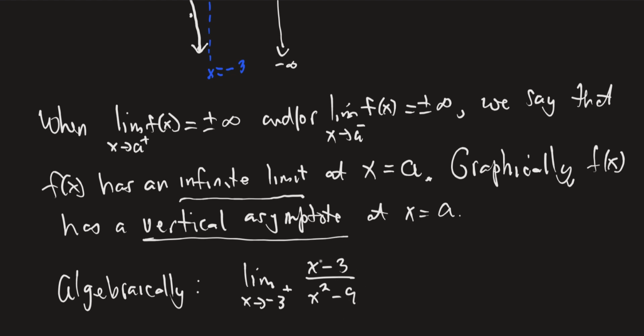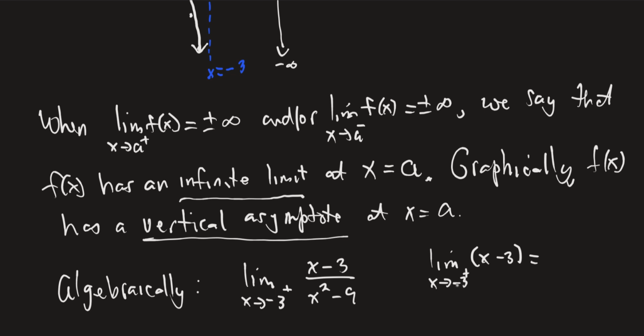So this is a rational function, and if we're trying to evaluate it algebraically, well, we try to plug it in. So what I'm going to do is I'm going to take the limit of the top, right? So the limit as x approaches -3 plus of x minus 3. Oh, and I forgot my negative sign here. Let me fix this. So minus 3 plus. And let's see what happens.